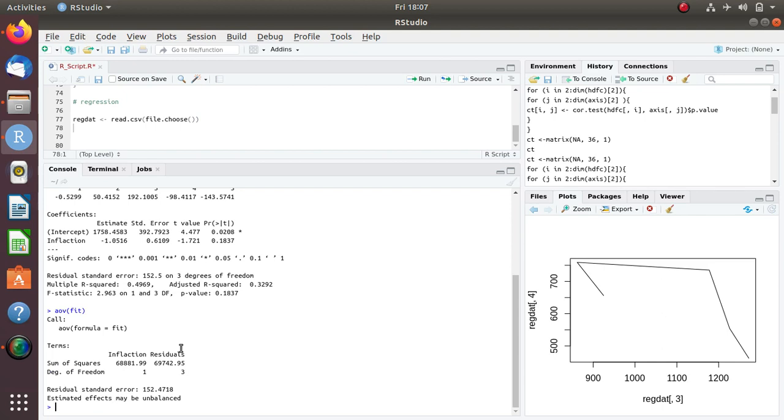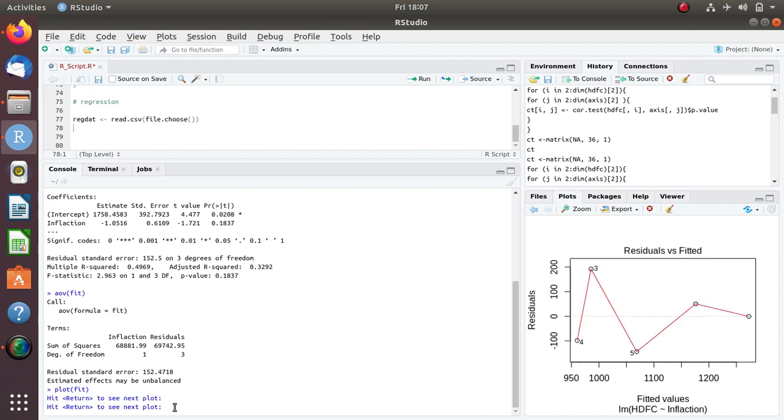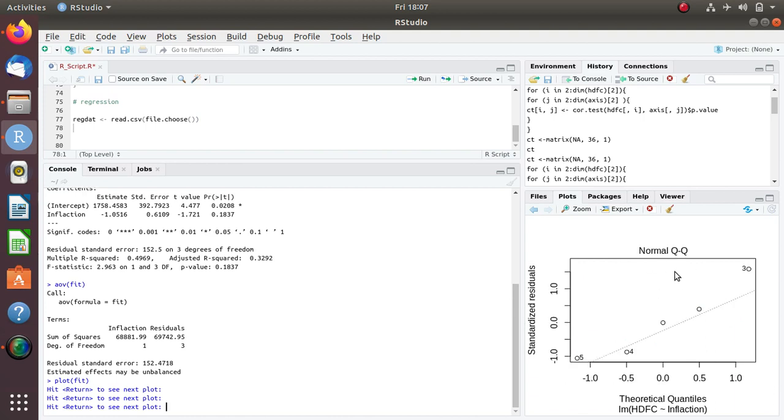Now there is an interesting aspect of simple linear regression, that is plots. Suppose if you use the method plot on fit, then R will ask you, and there will be 4 very excellent plots. You see this is the first plot called residual versus fitted values, and the second plot is going to be the normality test.